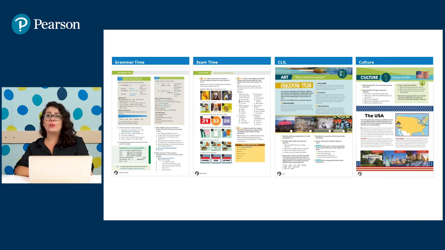Then it is followed by Exam Time, which you can find in both student's book and workbook. In student's book, 3 listening and speaking Exam Time tasks for relevant Cambridge or Pearson tests are included. In the workbook, you will find 3 reading and writing Exam Time tasks.